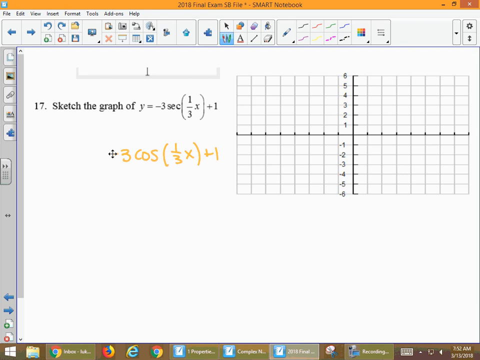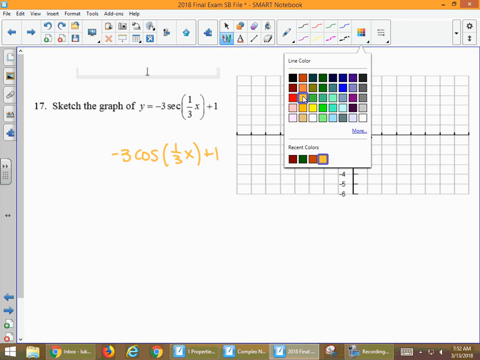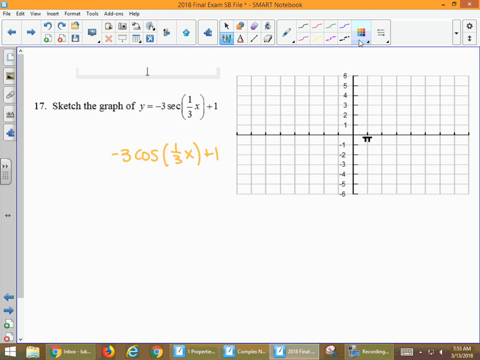I scaled my graph in pi. I'll just mark that 1. I think that would be helpful. So the first thing we need to do is figure out the period of our function, our secant or our cosine function.